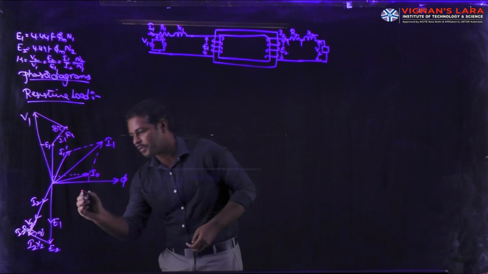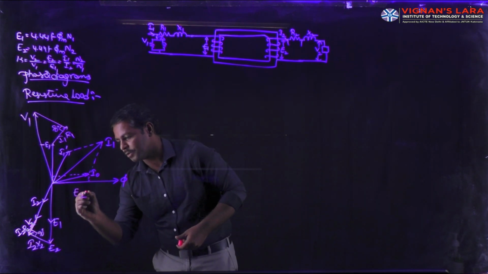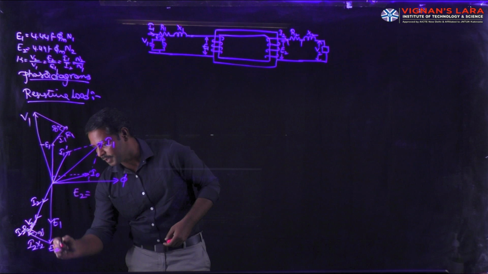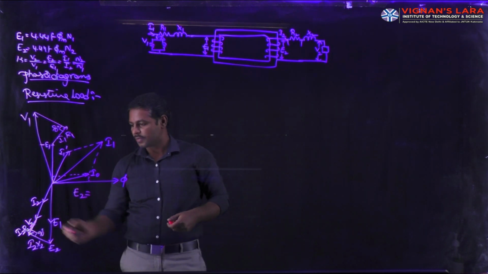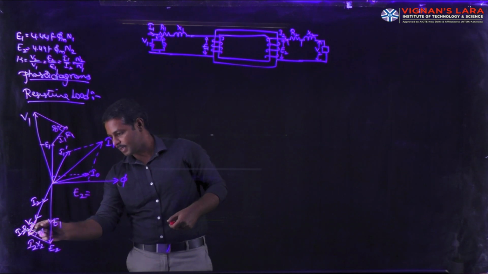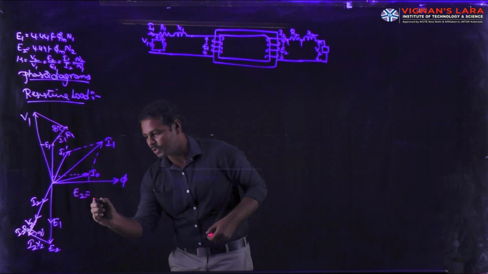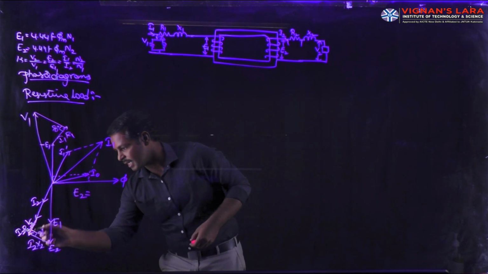First of all, we can find out the E2 value. How to get the value of E2? E2 is equal to the phasor sum of the total values. This is the path, and resistive means a straight line.